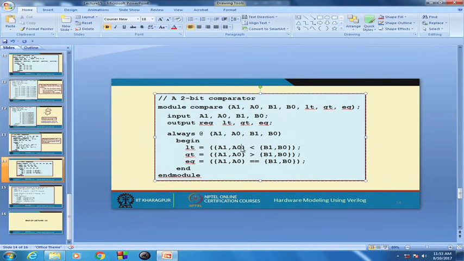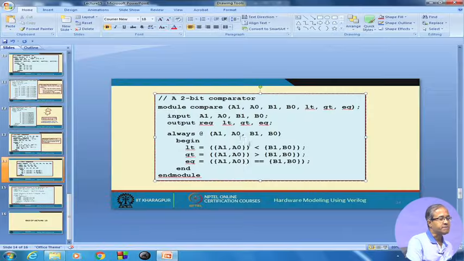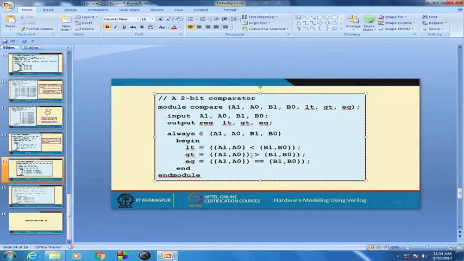So, there will be a curly bracket here, let me correct this, there will be a curly bracket, yes. So, A1 A0 concatenation and B1 B0 concatenation. If A1 A0 is less than this, so again I think I missed some brackets here, I have just changed the brackets.